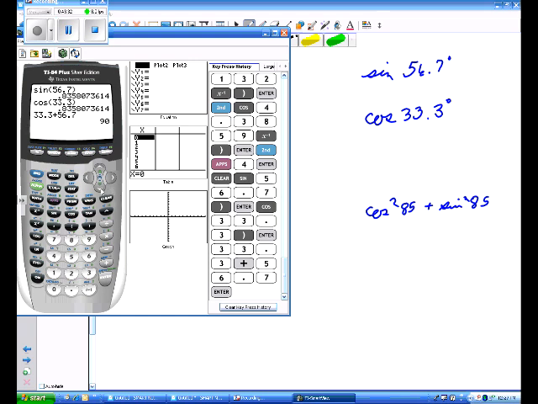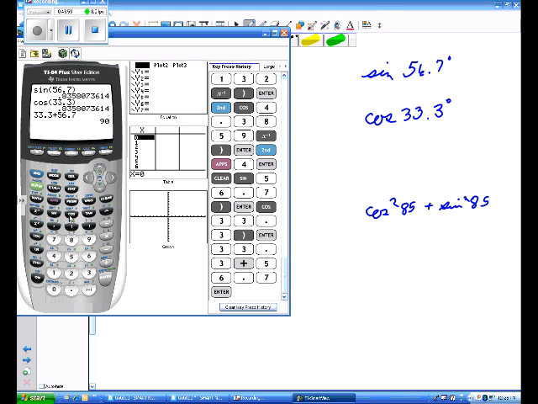We can also use the calculator to verify some of our identities. Here we have the cosine squared of 85 plus sine squared 85. Well, we know we have an identity, cosine squared theta plus sine squared theta equals 1. Let's just verify this with our calculator.